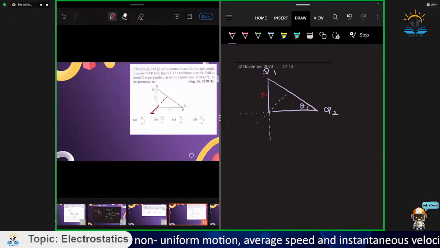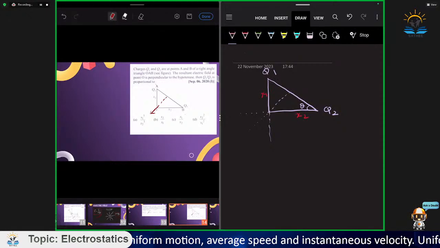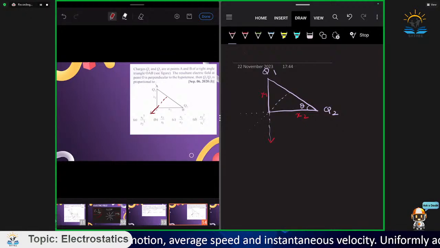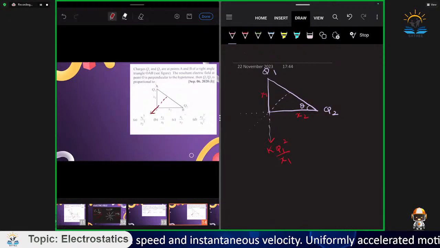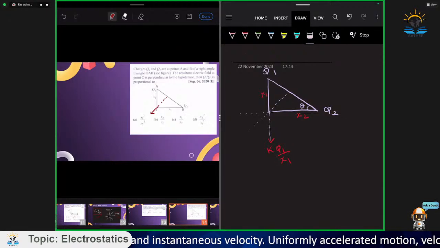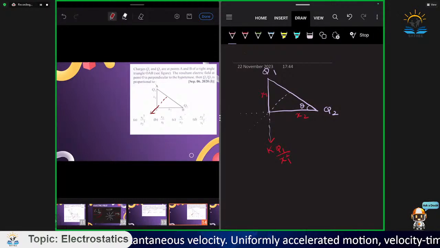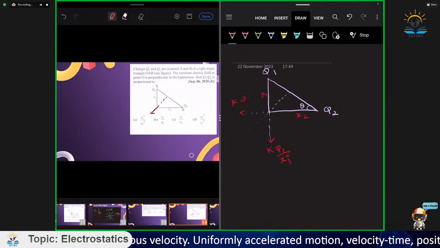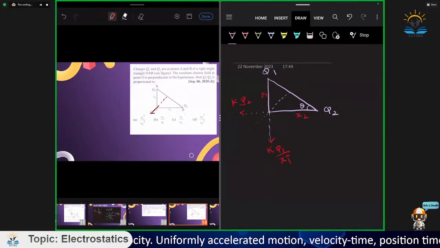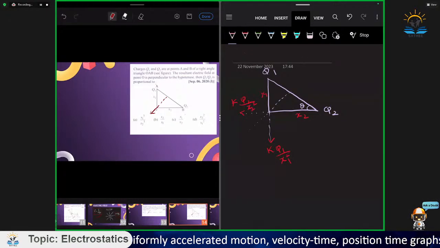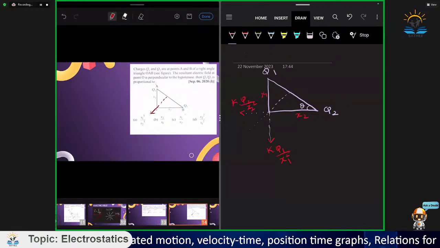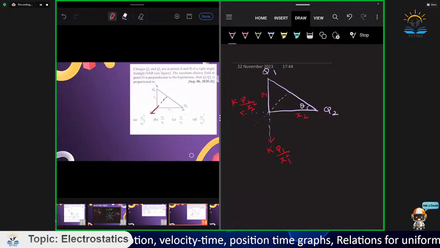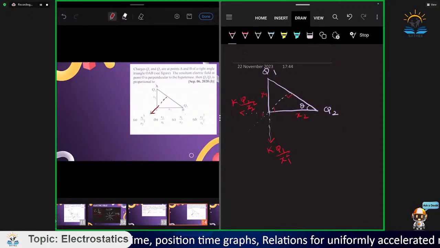This distance I'm taking x1, this is x2. The electric field towards here is k q1 by x1 square, towards this k q2 by x2 square. This is theta, this is 90, this is 90 minus theta.